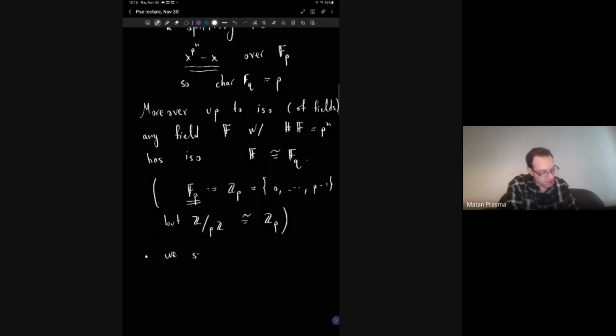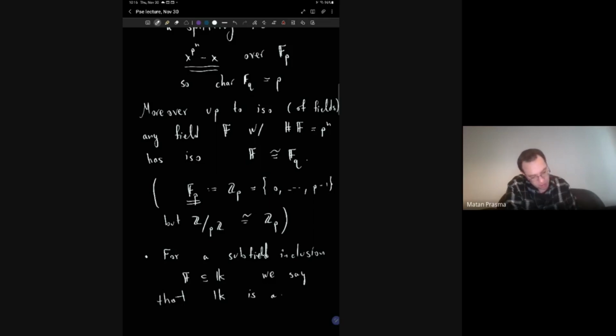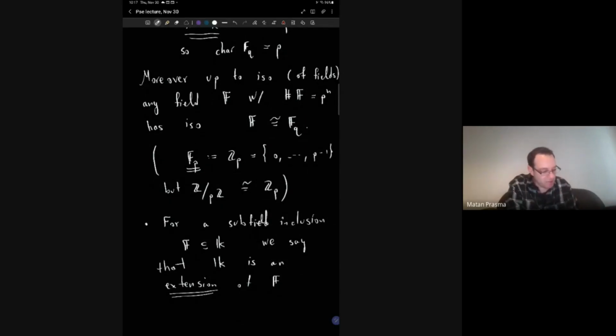For a subfield inclusion, let's say F in K, we say that K is an extension of F. So it's two points of view: either F is a subfield of K, or K is an extension of F.